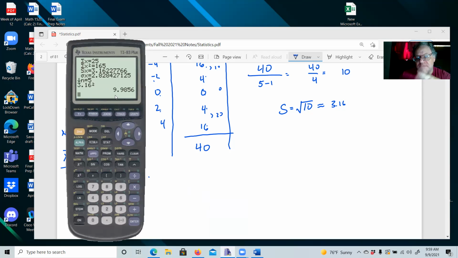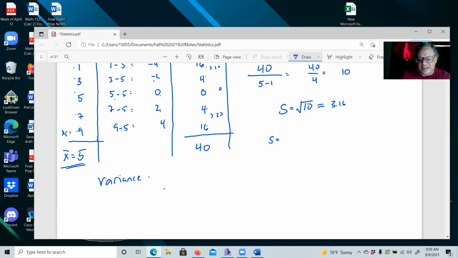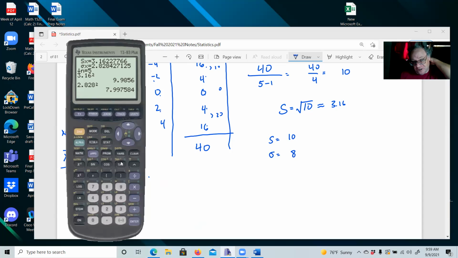In this case, we write down 10. It's only because we know we have 2.828 squared, right? The sample variance. So sample variance is 10. The population variance was 8. Your numbers are usually not going to be this clean. I'll show you that as soon as we do an example.